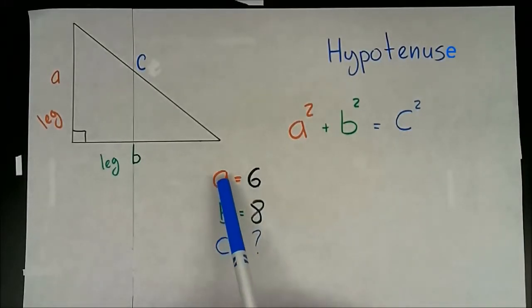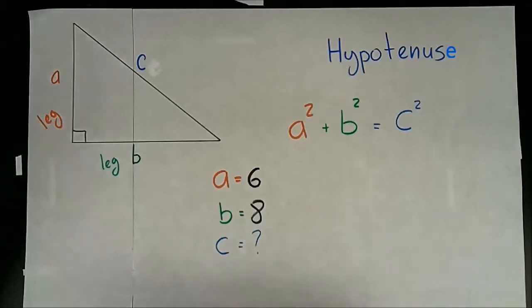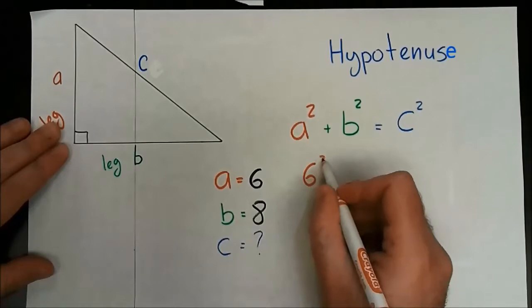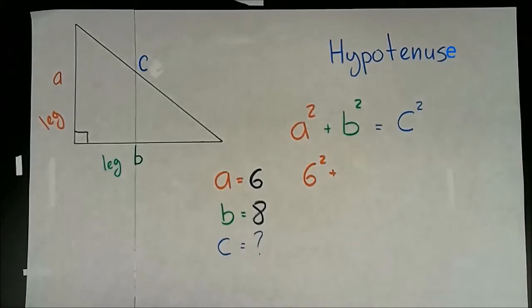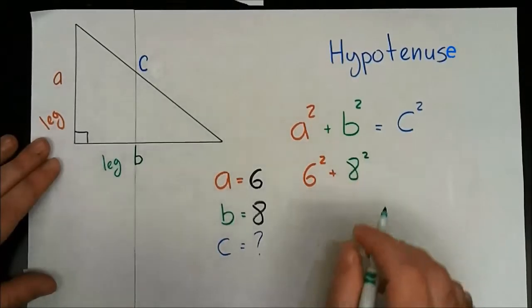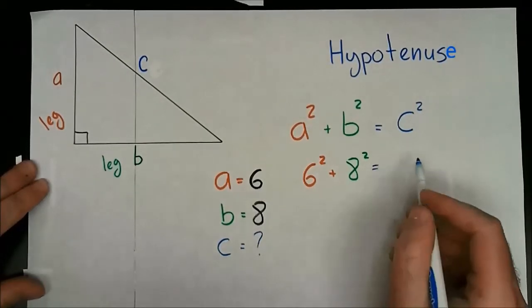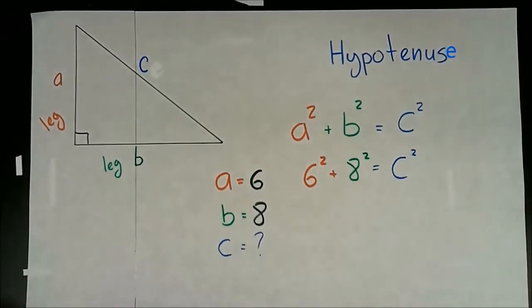So I'm going to substitute my values for A and B, and then find C. First of all, I know A is 6, so if I take the square of 6, or 6 to the second power, and to that I add the square of B, which I now know is 8, it has to equal the square, or the second power, of my longest side, C. Okay, that's not so bad.